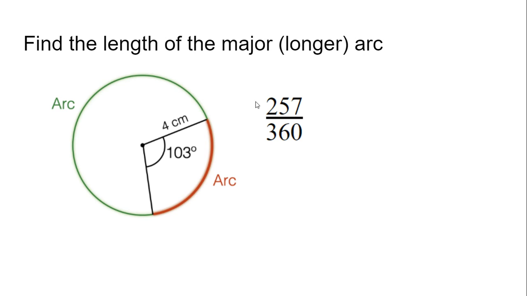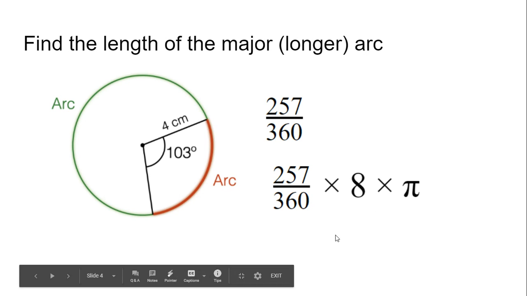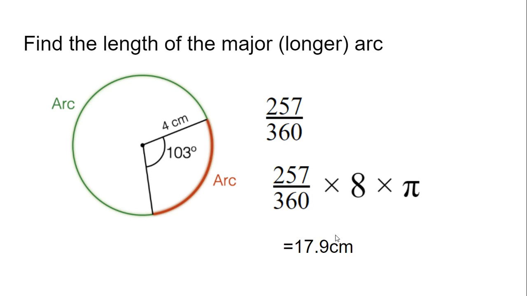So the green arc takes up 257 360ths of the whole circle. Then you multiply this by the circumference of the whole circle, so it's going to be 257 360ths times the diameter, which would be 8, times pi. So the longer arc has a length of 17.9 centimeters.